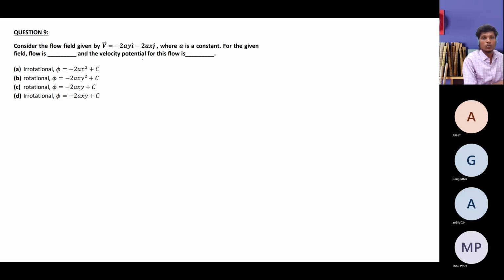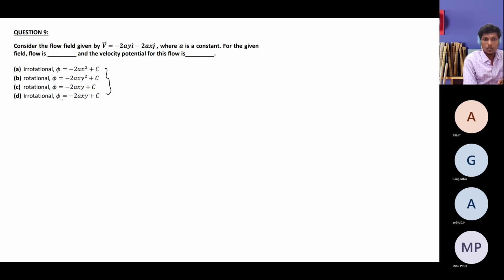we need to find the velocity potential. So two things we need to calculate here. According to the options, first we find whether the flow is rotational or irrotational. Instead of checking it, I can say the flow is irrotational, because you have four options here, and all of them readily give the potential phi.